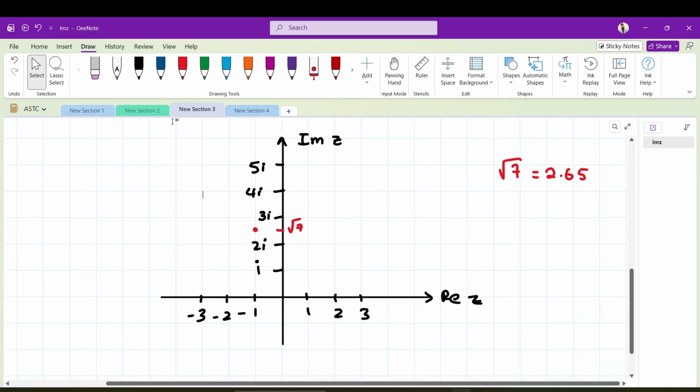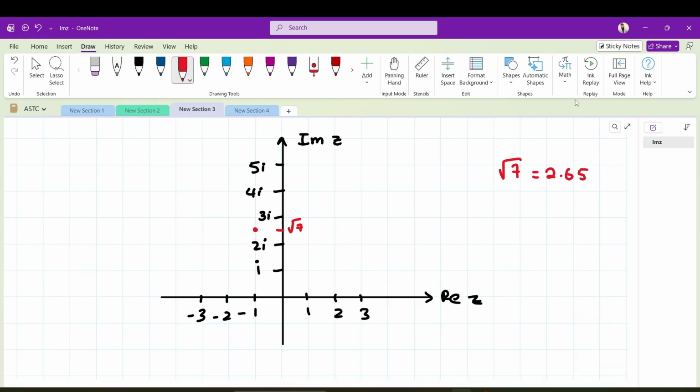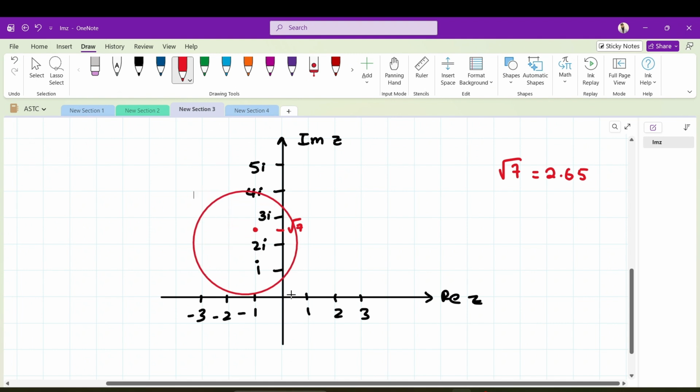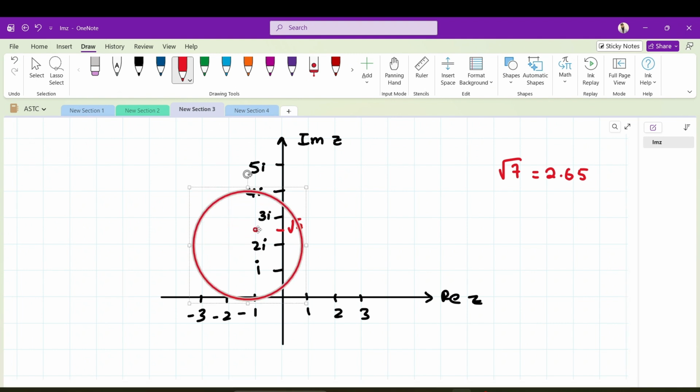Okay, all right, so let us now draw the circle. It says 2 units, right? So from here 2 units should be this line over here, and from here it should be about here. Now from here 2 units would be actually between 4 and 5.